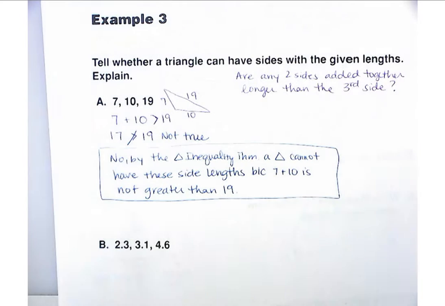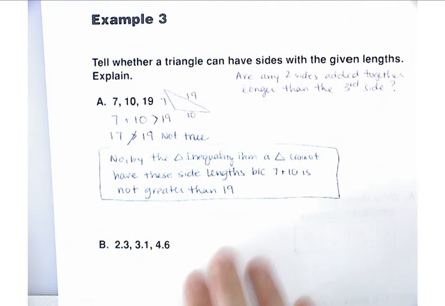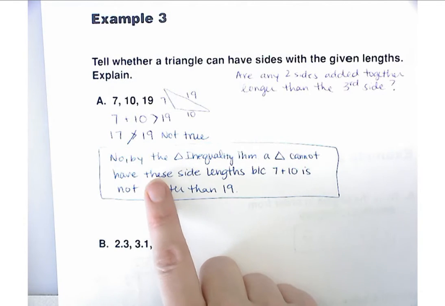Okay, so it says tell whether it can and then explain. So your explanation would be no by the triangle inequality theorem. A triangle cannot have these side lengths because if you add 7 and 10, that's not greater than 19.